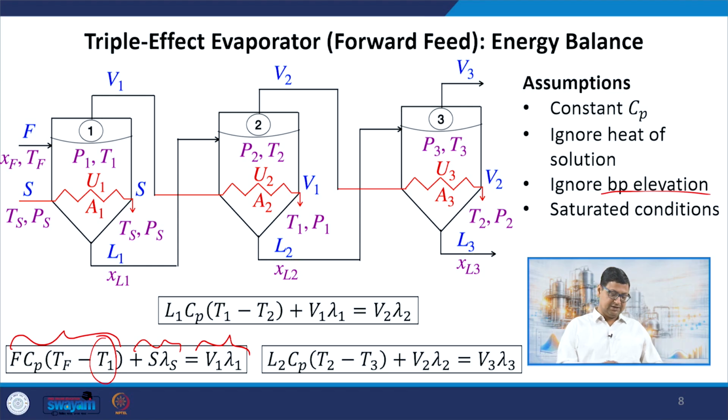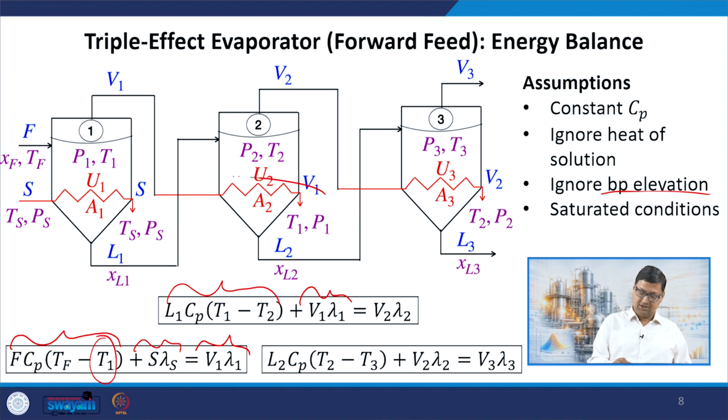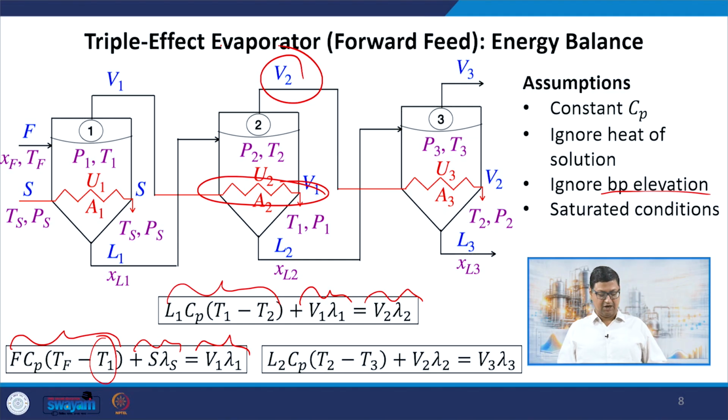Similarly, for the second effect, this is my sensible heat change L1 into Cp into T1 minus T2. V1 lambda 1 is what we are getting from the condensing of the vapor from the first effect, that is now heating the second effect, and V2 lambda 2 is what is carried by the vapor going out. And for the third one again we have a sensible heat change.